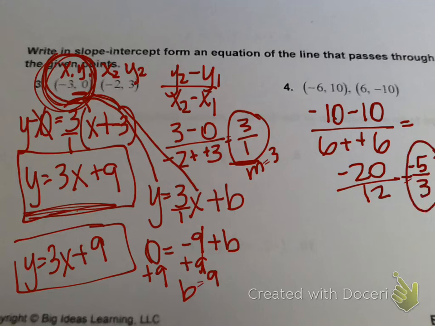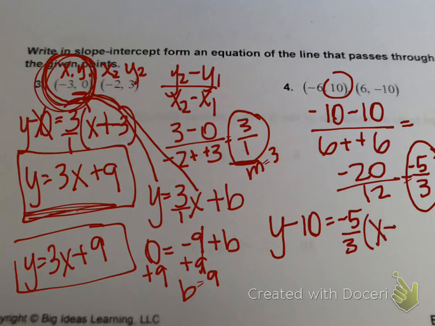So here's my slope. And I'm going to do point-slope form. So y minus y1 equals my slope times x minus x1, so that'd be plus 6.